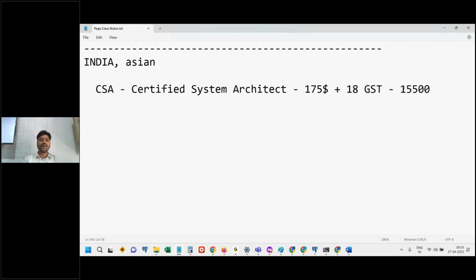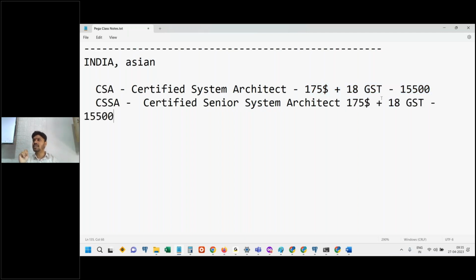Next one, CSSA means Certified Senior System Architect. Again, one more time you need to pay. If you are writing two certifications, it's not 175, it's 175 plus 175.